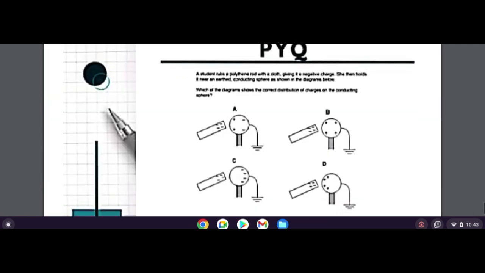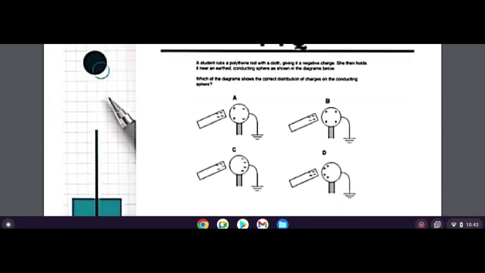Now the last one. A student rubs a polythene rod with a cloth giving a negative charge. She then, okay, it is not visible to me. That is not a clear screenshot. Let me read it again.